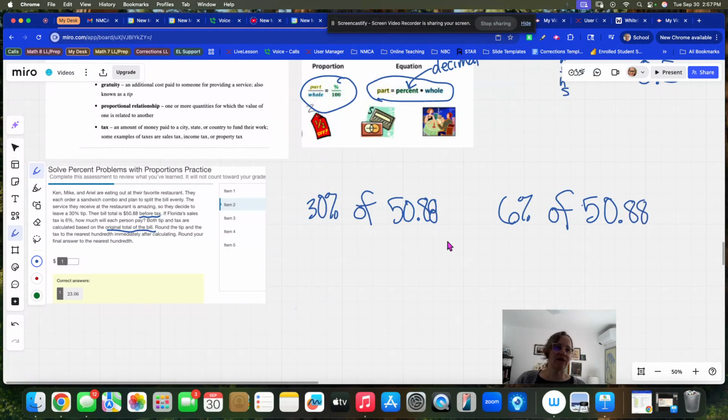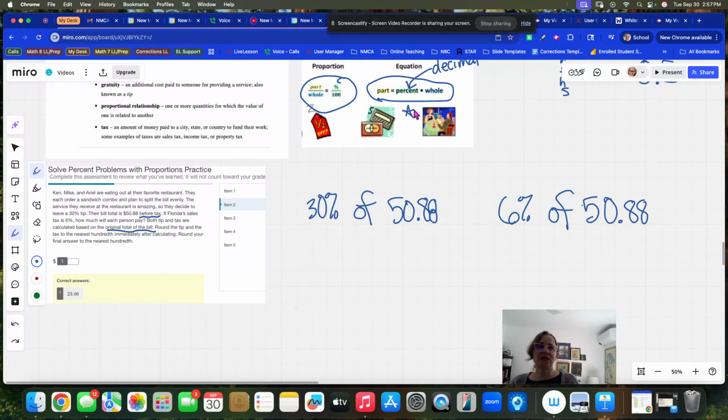Then if I add these together, I'll get the total. But then I also have to add the original bill, so it's not exactly the total. Let's put this idea of adding it together aside for just a moment, and we'll find these percentages first.